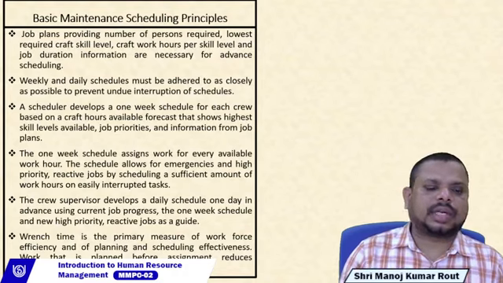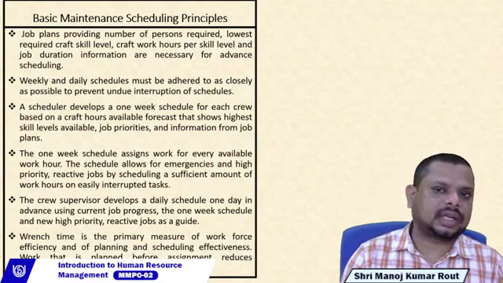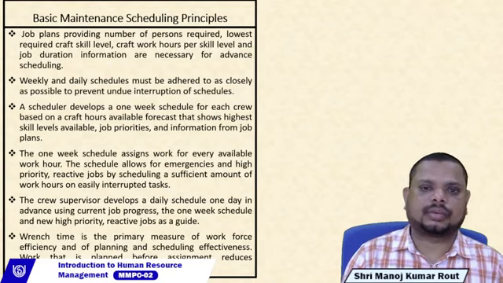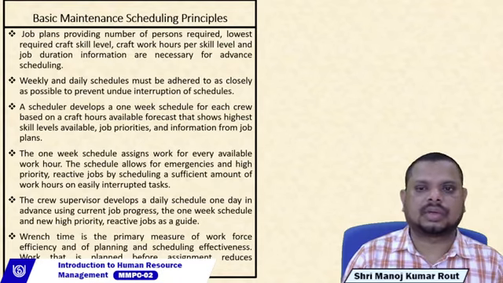The third one is the scheduler. Those who do the maintenance scheduling are simply called schedulers. The scheduler develops a 1 week schedule for each crew based upon the craft hours available, forecast showing the highest skill level available, job priorities, and information from the job plans.